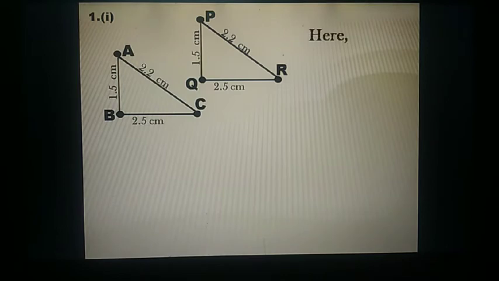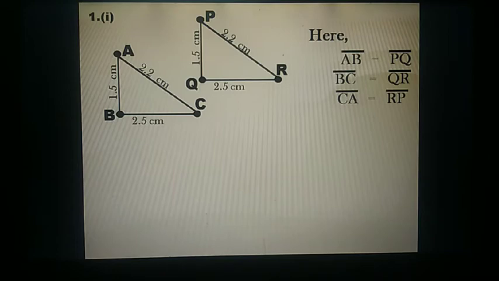AB and PQ are of equal length. Next, second side, BC and QR are of equal length. So on the basis of the dimension we are making these pairs. Next, AC and PR are of the same length. We can write it as AC = PR or CA = RP.